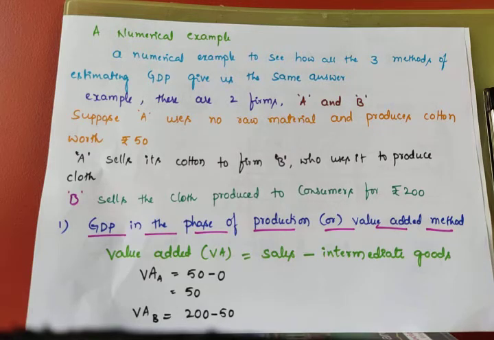Now the example is how we can calculate the national income in these three methods and how we get the same answer. We can calculate the national income through these three different methods: either the product method, the expenditure method, or the income method.